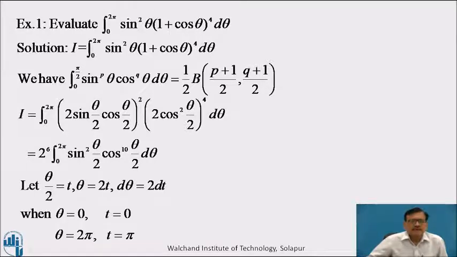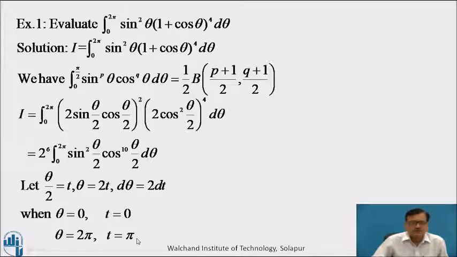Now again, this is not in the standard form of beta function, therefore we use the substitution theta by 2 equal to t, that is, theta equal to 2t, therefore d theta equal to 2 dt. Accordingly we change the limits. When theta is 0 we get t equal to 0, and when theta is 2 pi we get t equal to pi.